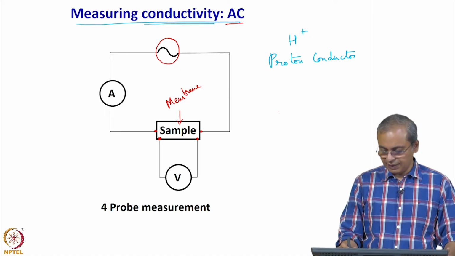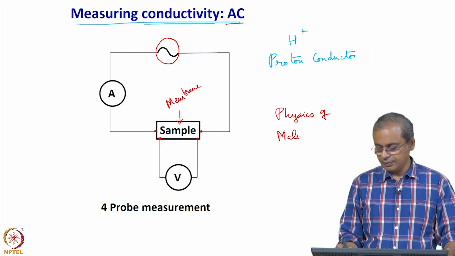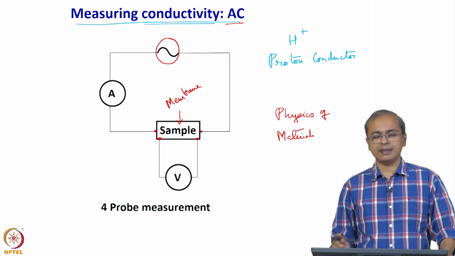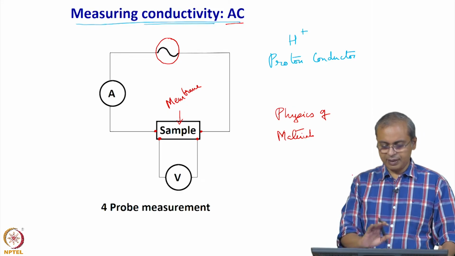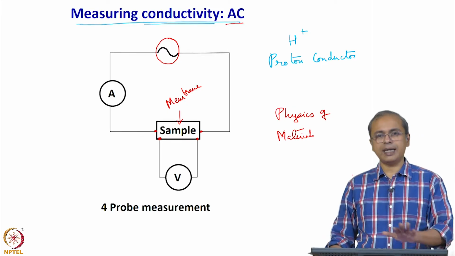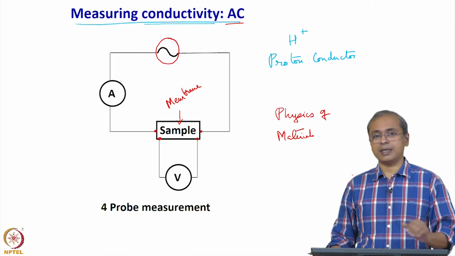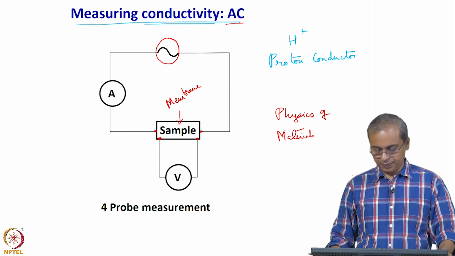I referred to this course earlier also. There is at least one class there where this is explained in considerable detail. So, I will not get into the detail of this technique, but suffice it to know that you can get conductivity values of a sample using it. Particularly, you can get ionic conductivity very well measured through this process.